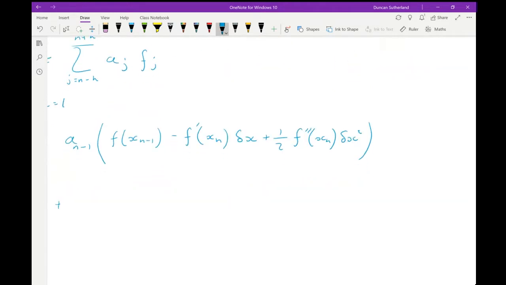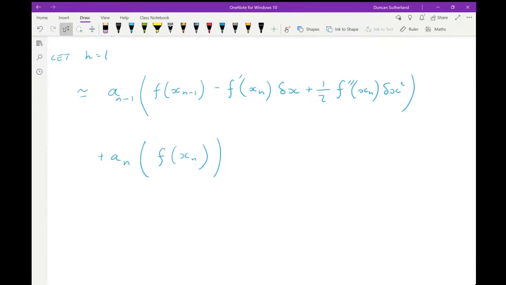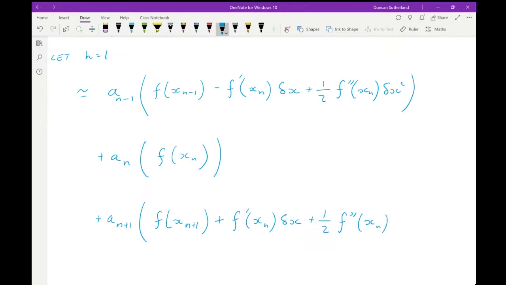Then we've got the midpoint, which is plus a n times f of x n, because there's no reason to expand that in a Taylor series, because we pretend that we know this value. And we've got the other one, which is just copying down the Taylor series result from before. Note that I've neglected the higher order terms. I've just ignored them.